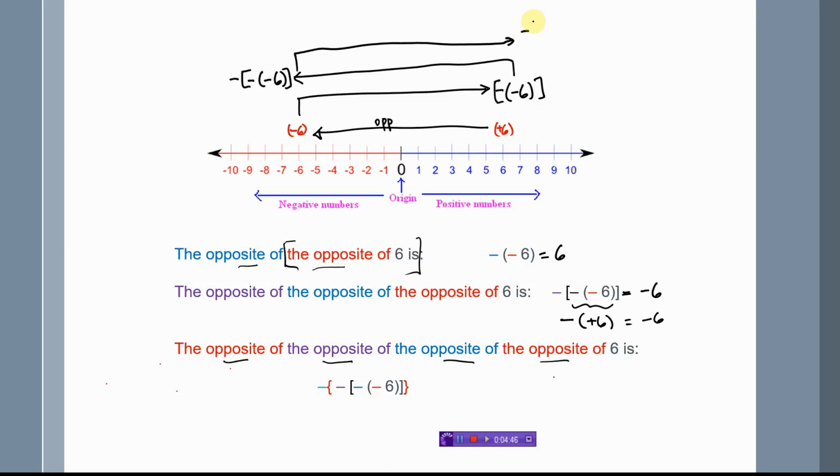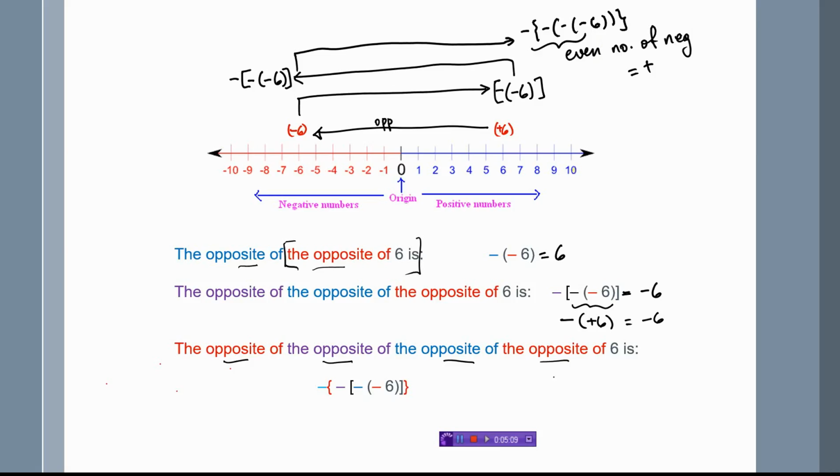So what it's telling us is that having an even number of negative signs, 1, 2, 3, is equal to a positive.